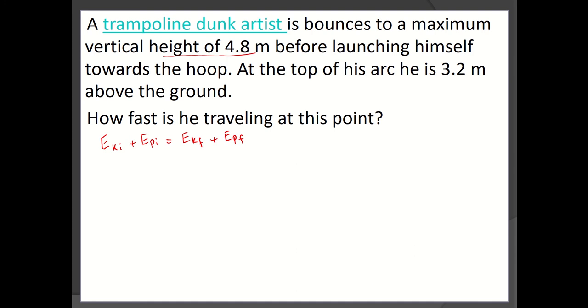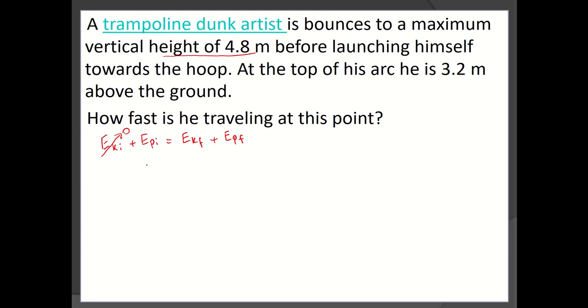So that means that initial kinetic energy we can ignore here, and we're only going to consider the initial potential energy, which is going to be based on the initial vertical height of 4.8 meters. So we managed to get rid of the kinetic energy because he's high up. He's going to bounce on the trampoline, then fly towards the hoop.